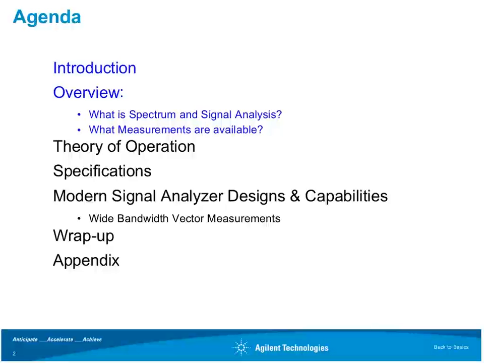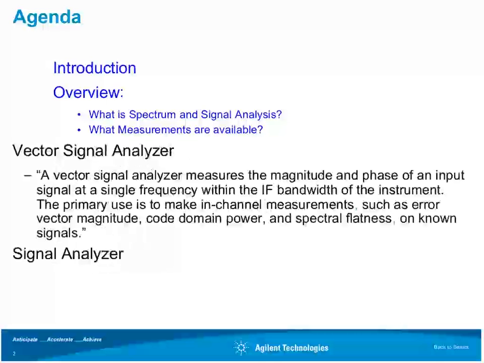And then we'll take a look at some of the important specifications that people are interested in when they use these instruments, what kind of performance it needs to have. And then we'll spend a few minutes looking at some of the modern developments that have occurred in signal analysis and some of the new capabilities that are available. And then finally, we'll wrap up, and we'll have a Q&A session at the end for any questions that come up. And so that's how we're going to proceed.